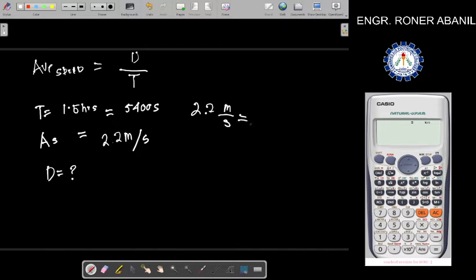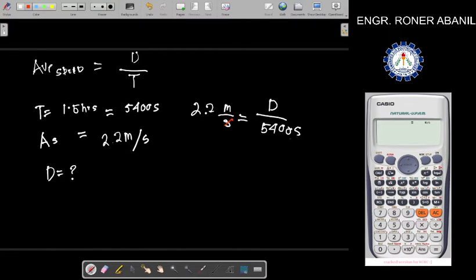Or, para mas malinaw, gagawin kong ganito. It is equal to distance over time. So, ano yung distance natin? Yung hinahanap pala, no? Distance over time. Yung time natin is 5,400 seconds. So, makakancel si seconds, no?